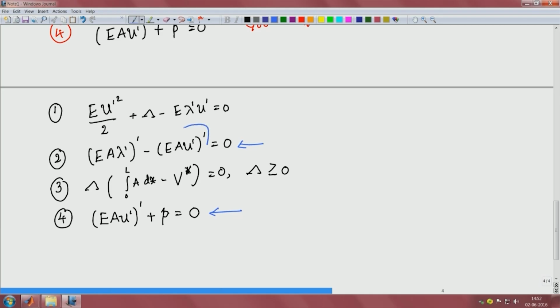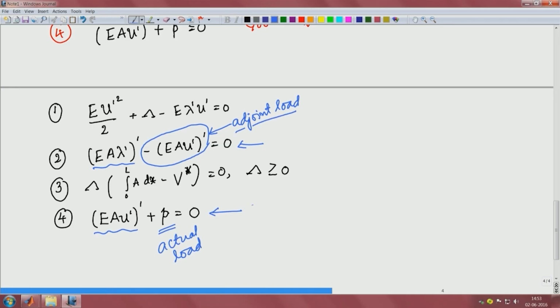This part is called adjoint load, because if you look at this term and this term, they are the same except that u is replaced with lambda. For this one, this is the actual load, that is the given load on the structure, whereas this is called adjoint load.